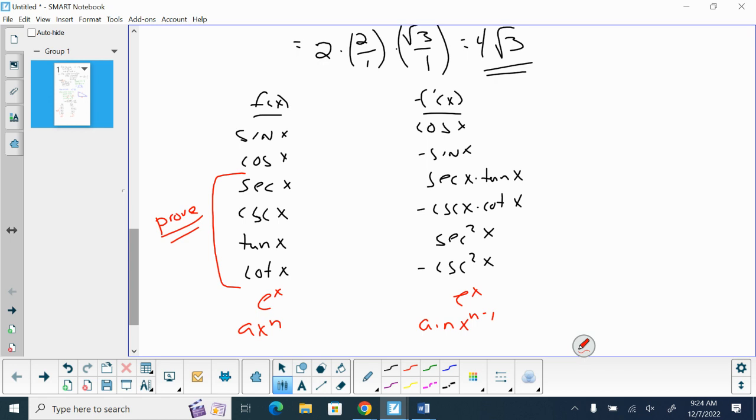So if I say prove the derivative of the tangent of x, you just can't write secant squared of x. Okay, you have to go through the proof by using your quotient rule and go through the proof of what is the derivative of the tangent or the cotangent or the secant or the cosecant. Okay, so you'll be asked to prove one of those on your next test.